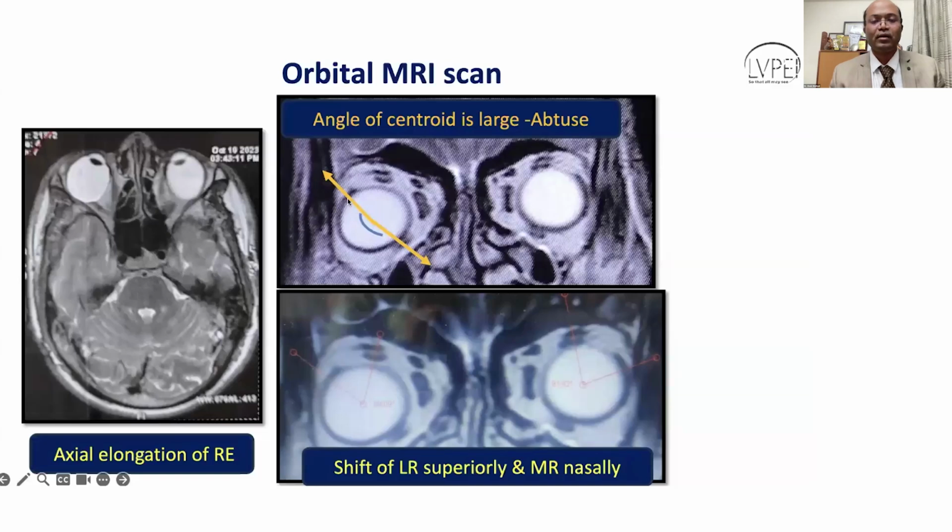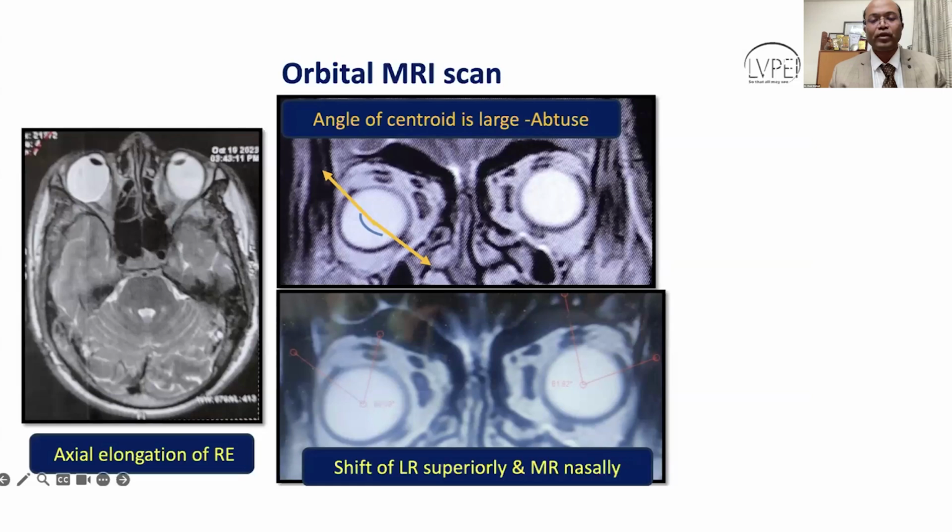This is the inferior rectus. You can see how the lateral rectus has been shifted up, reaching close to the superior rectus, and how the inferior rectus has shifted completely to the nasal side. That is causing the obtuse angle of centroid between the lateral rectus and the inferior rectus. And this is the pathophysiological mechanism of MSF presenting as the iso-hypertropia complex.